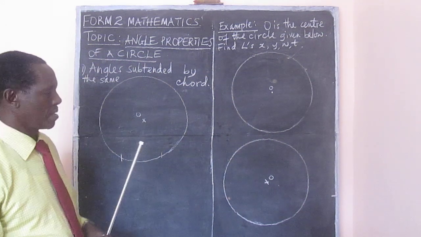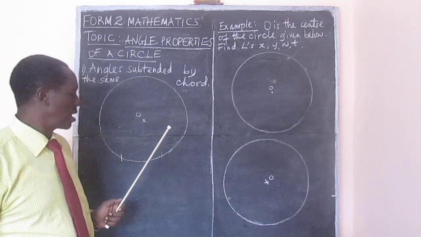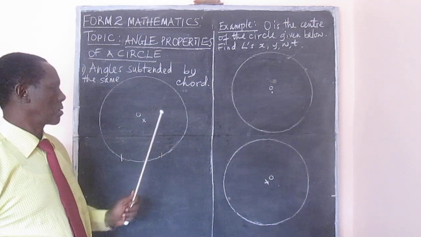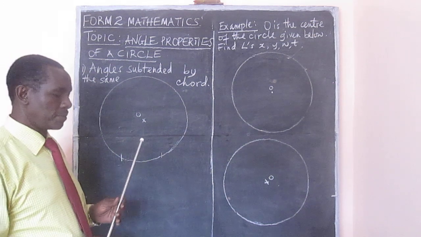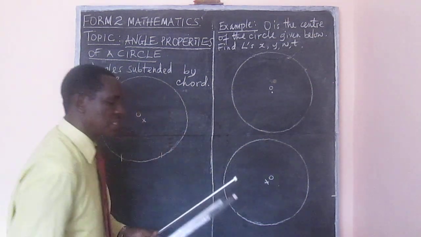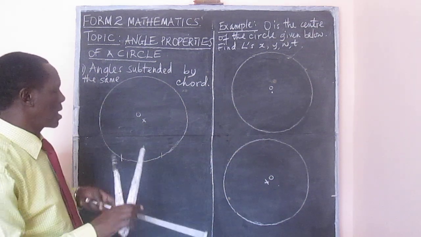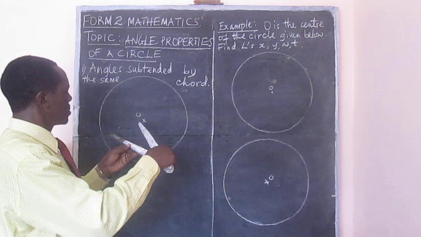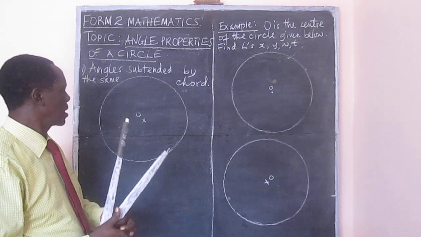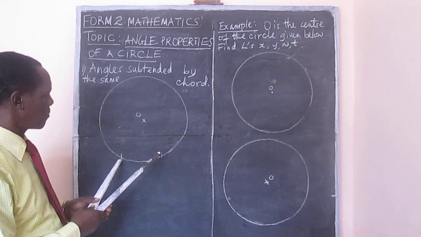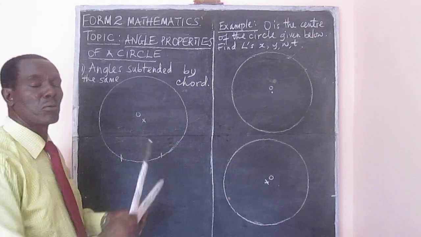So we need to draw a circle, and if you are with me, you need to draw a circle, let's say radius 5 centimeter, and then using the same radius, like in this case I have used this particular radius, with the same radius I have made these marks here on the circle.